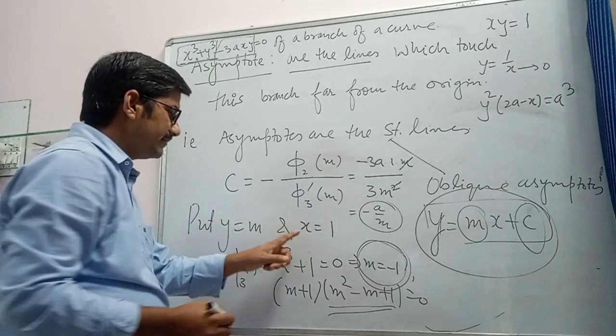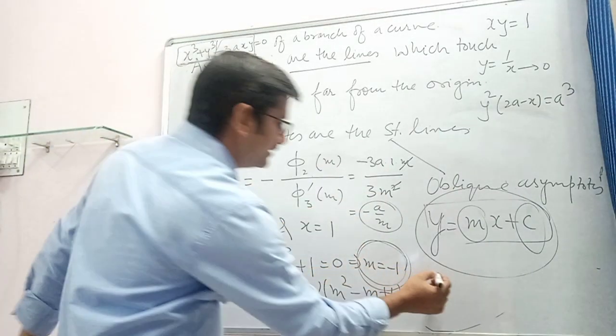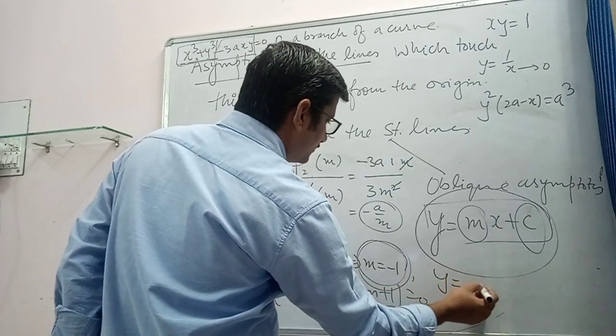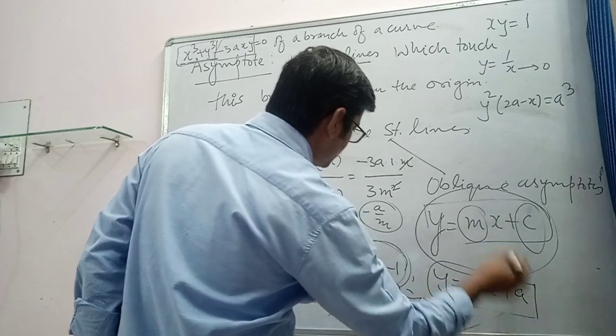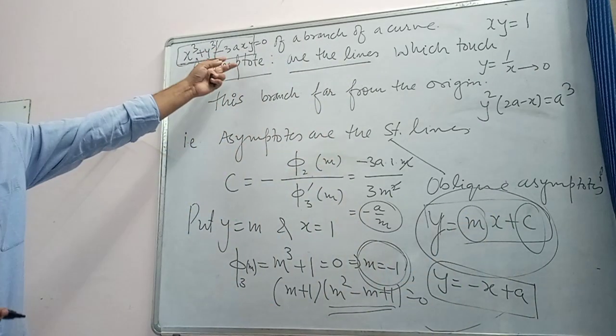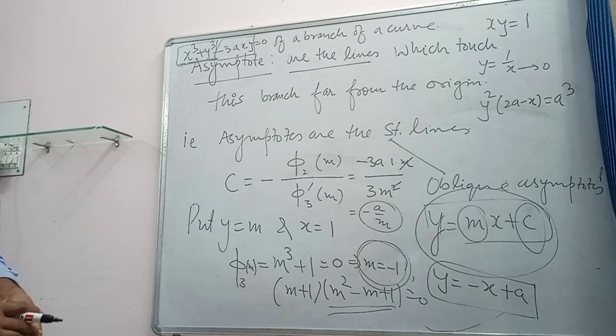So for m equal to minus 1, c is equal to a. So the asymptote is y is equal to mx plus a, that is y equals minus x plus a. So for this curve we have only one oblique asymptote, and no asymptote parallel to the coordinate axis.